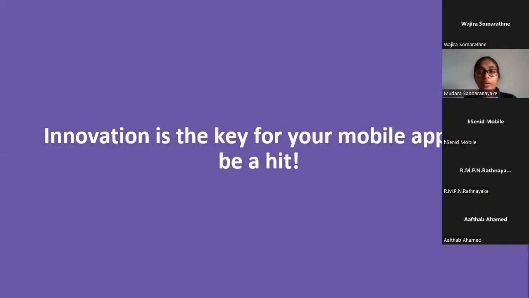But as a tip, you can sit back and leisurely think what kind of solutions the world needs. Or you can come up with a problem which you face daily, or maybe your friends face daily, or maybe your parents, some problem you can think of, and you can give a small solution to it, right? When you say innovation, it's not a very big thing. You just take your time and think about a problem and how to give a solution for that problem.